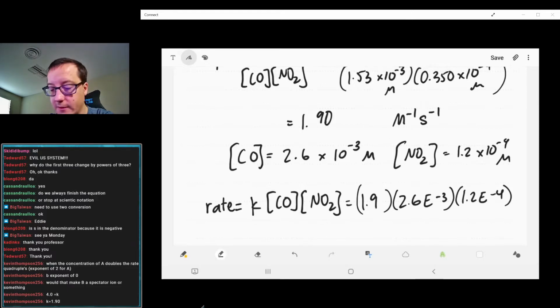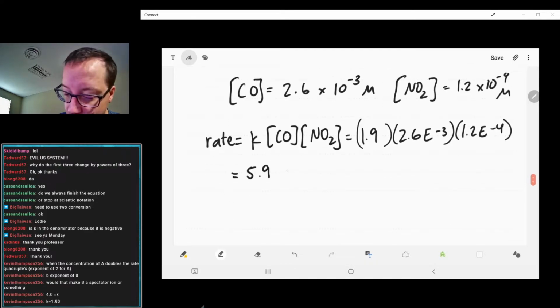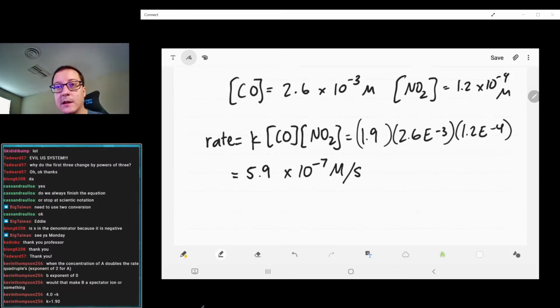No guarantees though. 2.6 times 10 to the negative 3 times 1.2 times 10 to the negative 4. Doing this, I get 5.9, I guess with all our sig figs, times 10 to the negative 7 molar per second. Let's see if Kevin gets that. Well, this one, I mean, hopefully I can see very clearly the exponent should be negative 7, but we'll see. Cool.